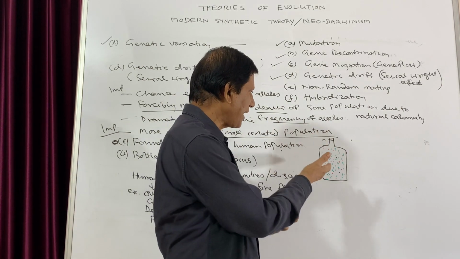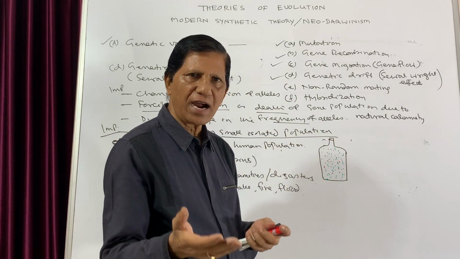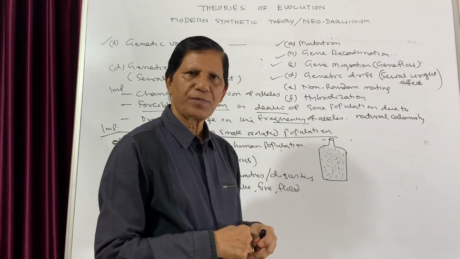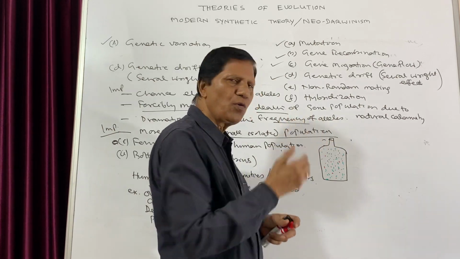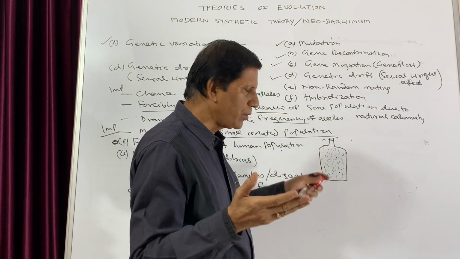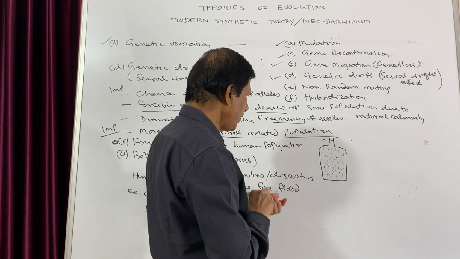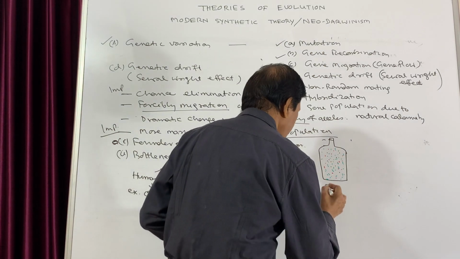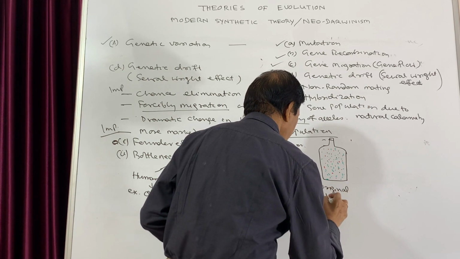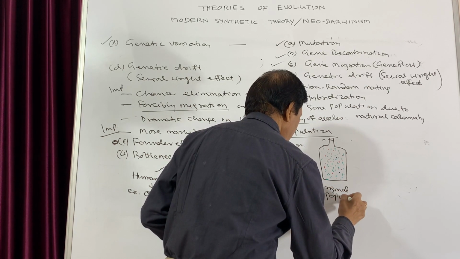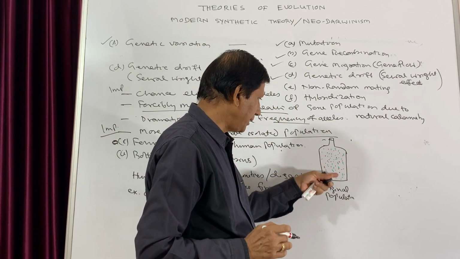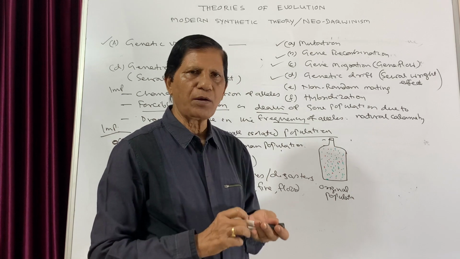One is black, one is red, and one is blue. This is the original population. Now which colored ones are more? From this you can see that the blue colors are more. So in this original population, the green color people are more.